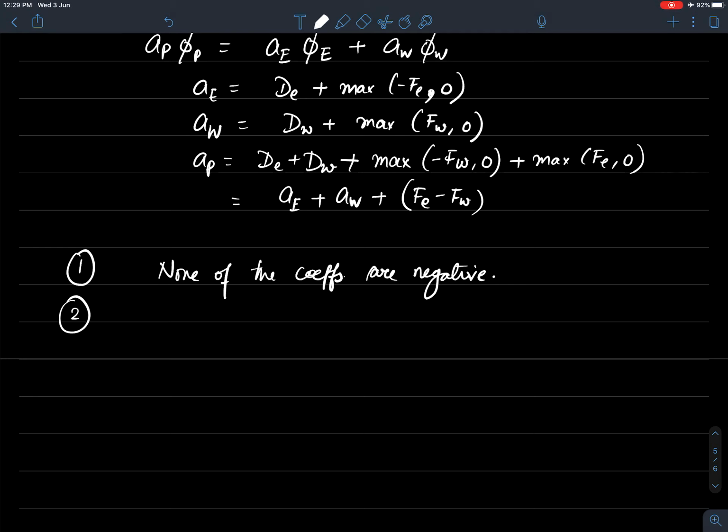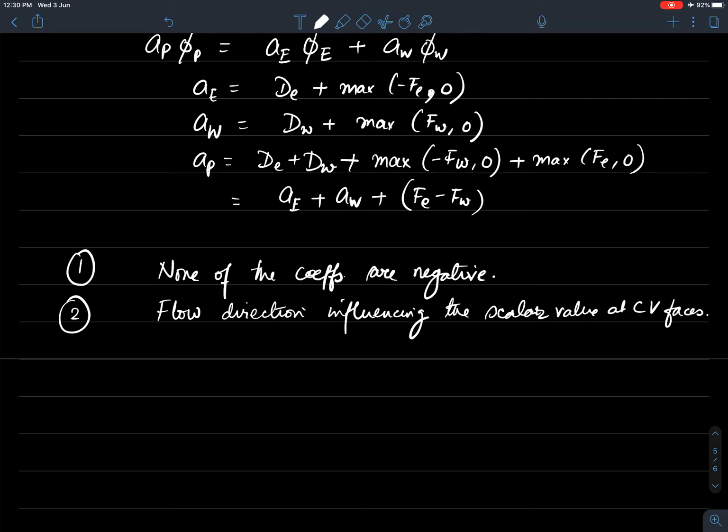The second point that I want to mention here is that this upwind differencing is based on the flow direction influencing the scalar value at the CV faces.